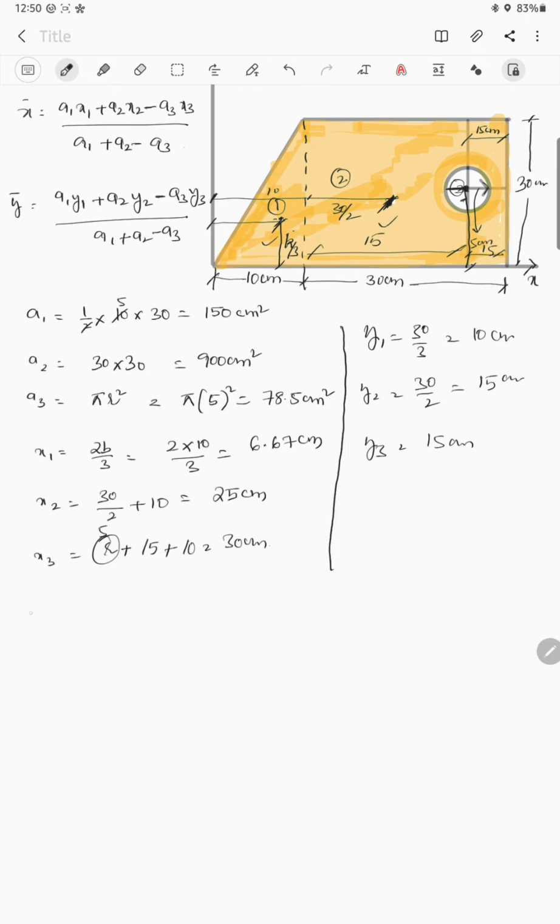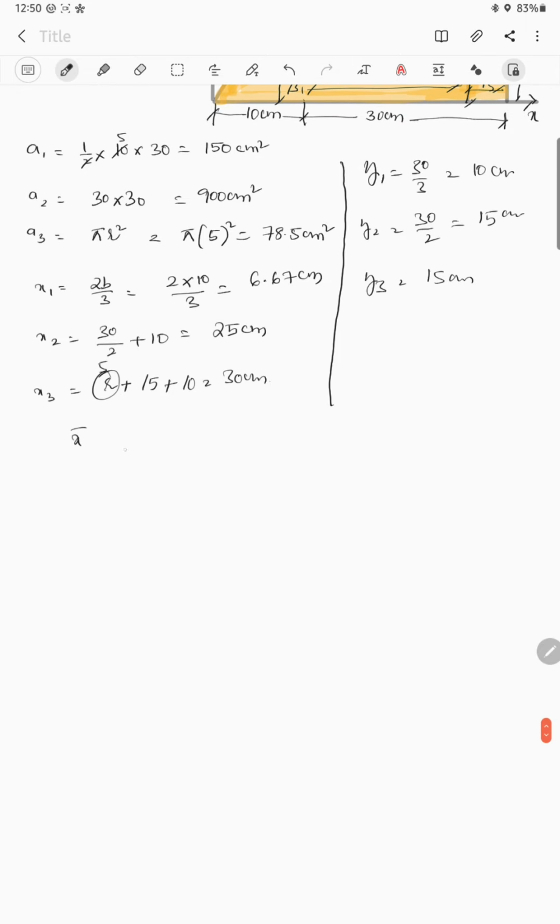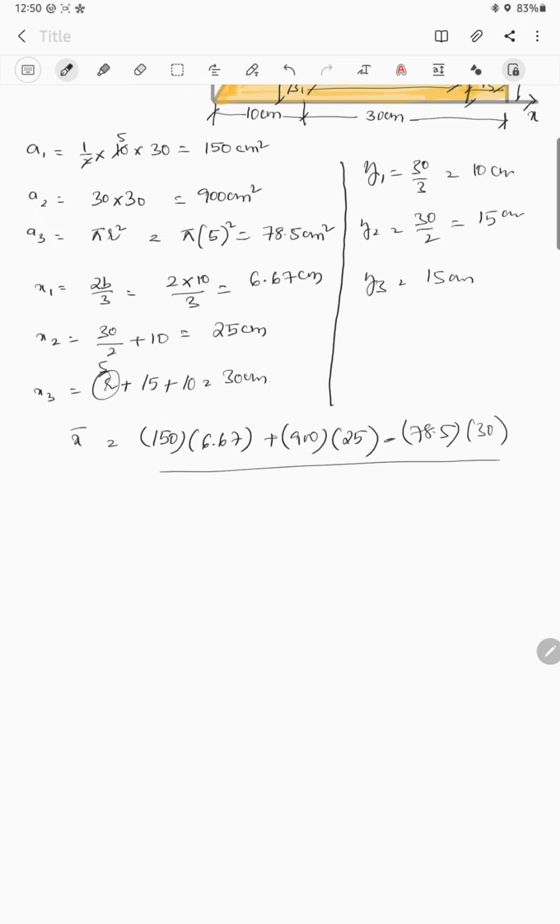Now next we'll calculate x bar. X bar is equal to 150 into 6.67 plus 900 into 25 minus, sorry, we have to write minus here, right? 78.5 into 30, whole divided by 150 plus 900 minus 78.5.